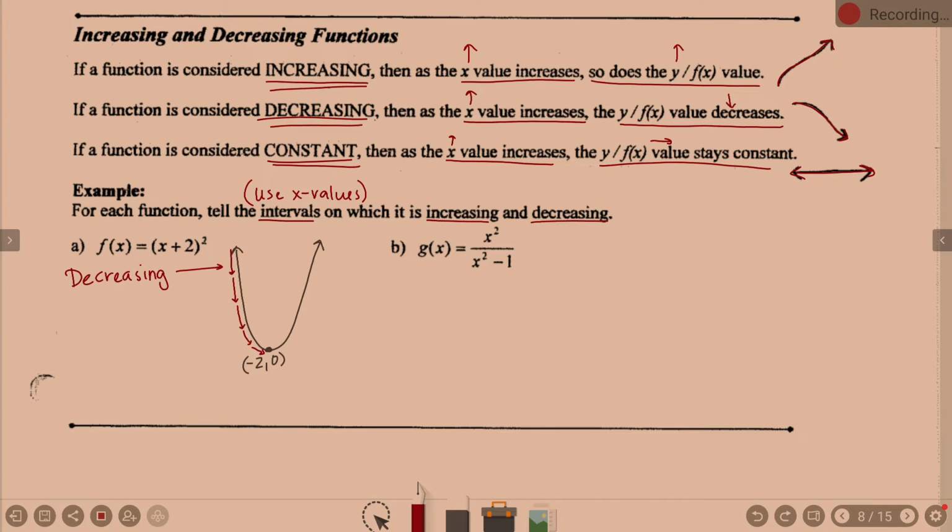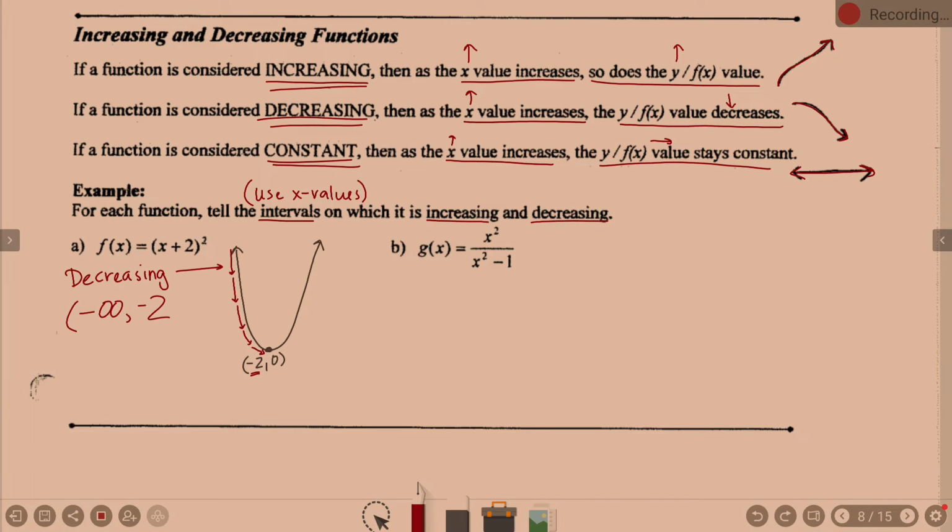Now, the interval here. We're going to use interval notation. When did I start decreasing? When did my graph start? My graph starts way out there. So we start decreasing at negative infinity, which always uses a parenthesis. When am I stopping decreasing? At this point, (-2, 0), the value I need is -2, because that is my x value. Now, parenthesis or bracket?